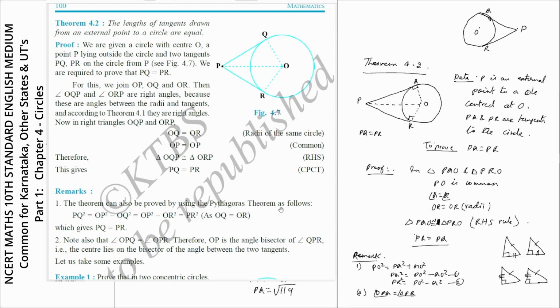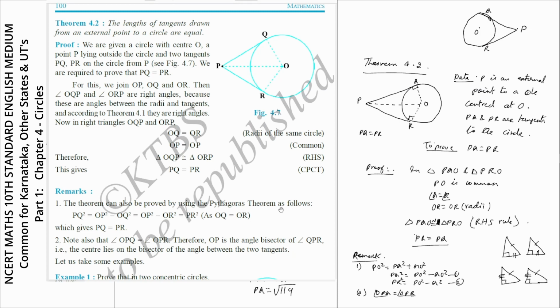These two triangles are congruent, therefore corresponding angles should be equal. Therefore angle OPQ is equal to angle OPR, and line PO is the angular bisector of angle QPR. That means line PO divides angle QPR into two equal parts.